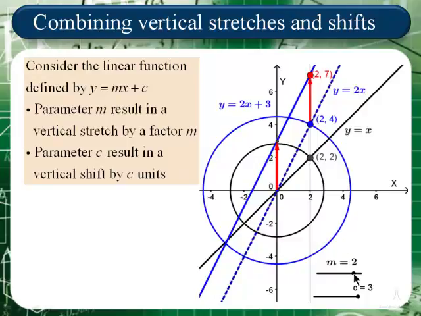So firstly, we apply the parameter m equals 2. So we vertically stretch it by the factor 2. So the point (2, 2) transforms to the point (2, 4). And the defining equation transforms from y equals x to y equals 2x.